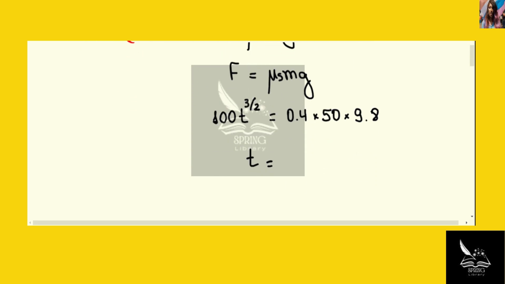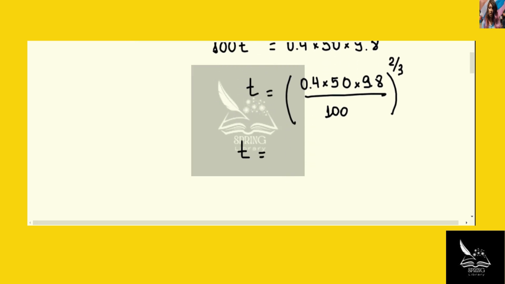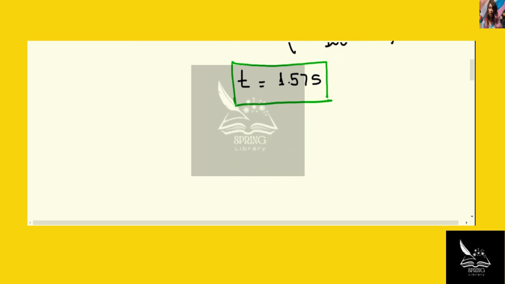So t is equal to 0.4 times 50 times 9.8 divided by 100, to the 2/3. So the time when the block starts moving is equal to 1.57 seconds. Let's save this because we're going to need this information.